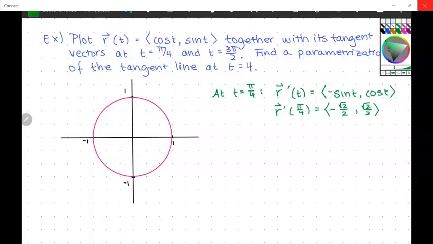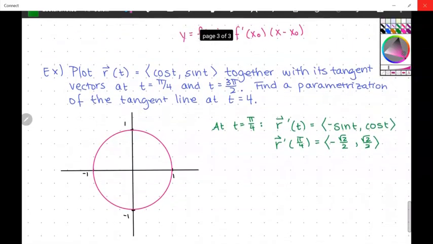What does this mean when we draw the tangent vector? Imagine the vector itself. Since we're using t equals pi over 4, if we went back to the original, r of pi over 4 is going to be root 2 over 2, root 2 over 2.